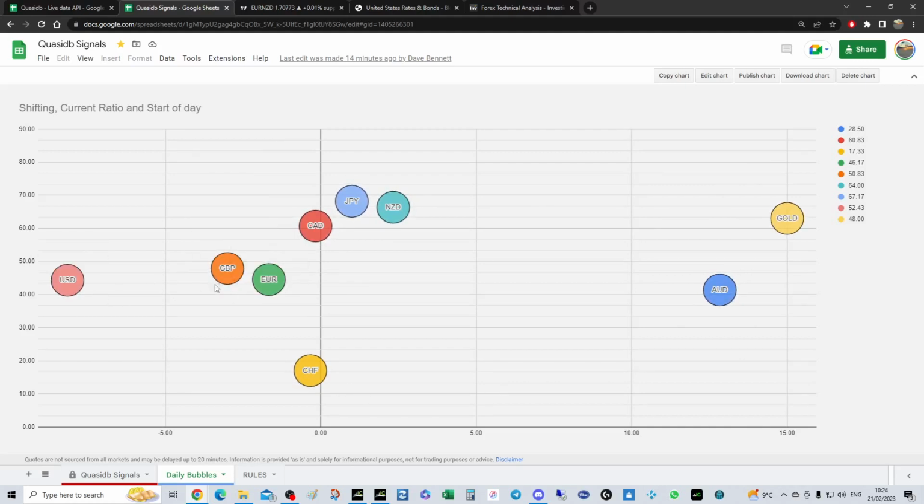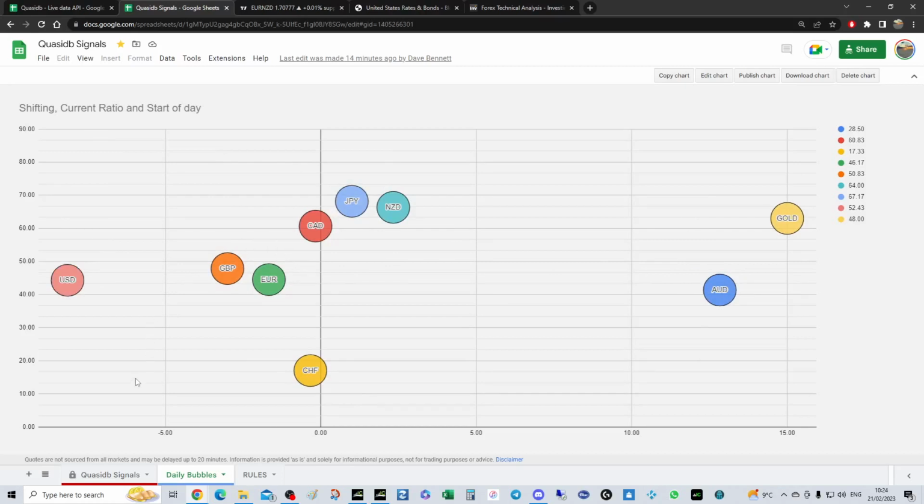So currently, the pound USD and the euro USD are going to be tricky because you see how close the bubbles are. Okay, so the idea is that you try and get something with a little bit more distance. So perhaps Aussie USD will be better short. Okay, so you get a lot of stuff for £5 a month, and you get your daily video as well.